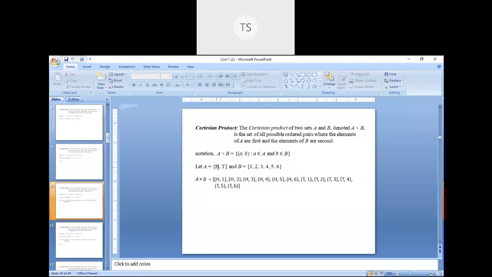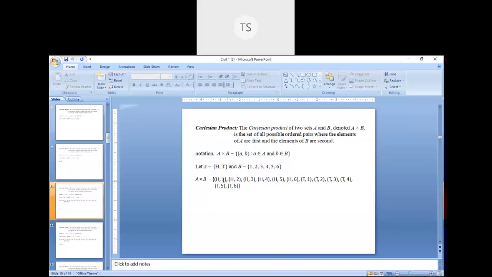Now let's go to our second element from the first set, which is T. Like the previous with H, I will write with T. T1, next T2. That means for each element in the Cartesian product, first H is fixed.